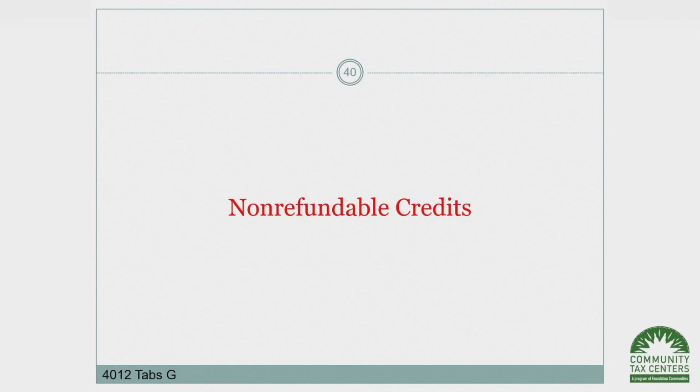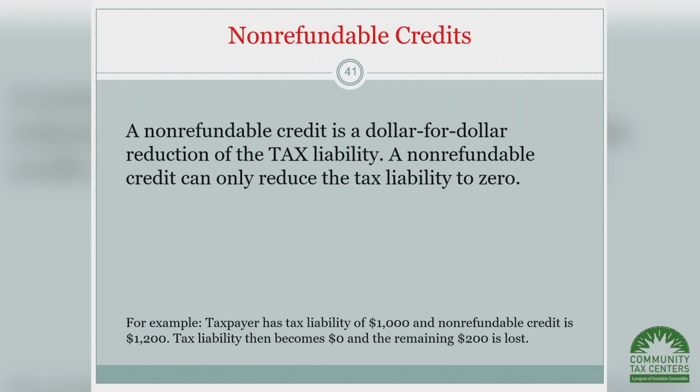So this is going to be the section where we talk about non-refundable credits. A non-refundable credit is a dollar-for-dollar reduction of the tax liability itself. A non-refundable credit can only reduce the tax liability to zero.